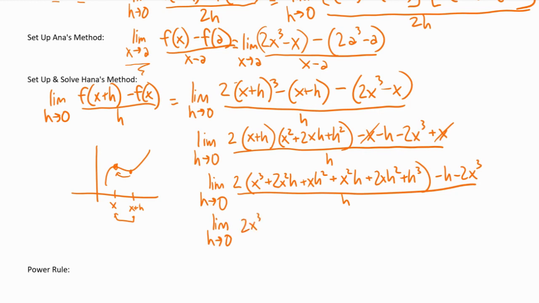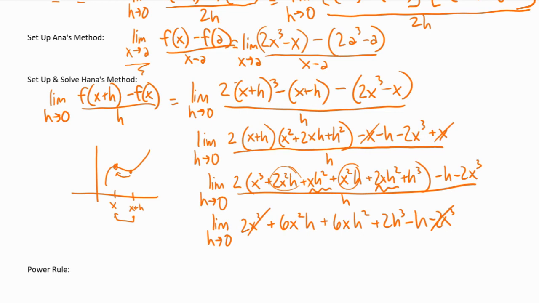2x cubed plus, okay, I'm going to go ahead and start combining these. 2x squared h plus x squared h is 3x squared h, times 2 is 6x squared h. And then xh squared plus 2xh squared is 3xh squared, times 2 is 6xh squared, plus 2h cubed minus h minus 2x cubed.